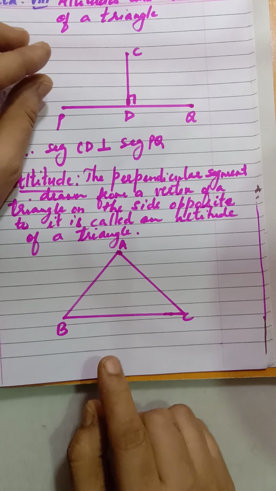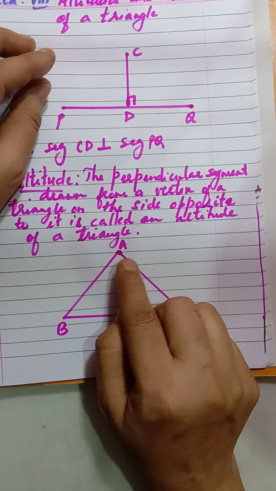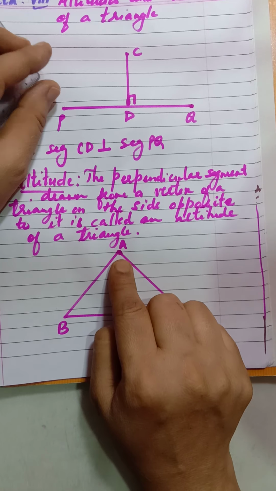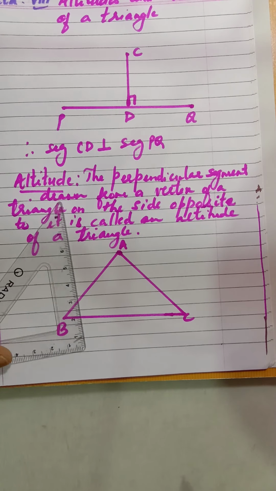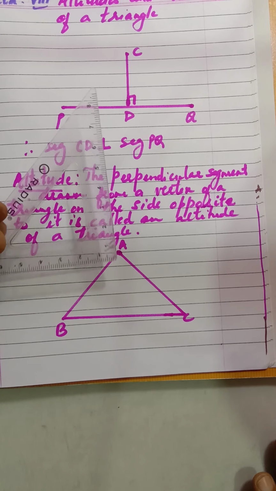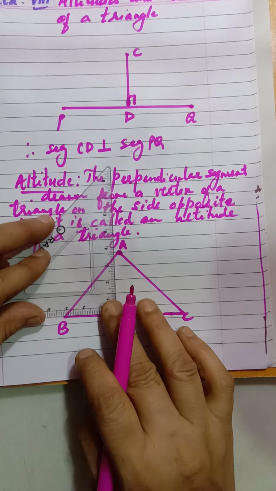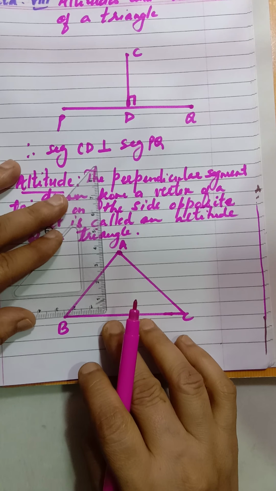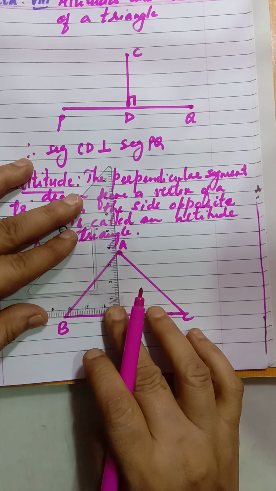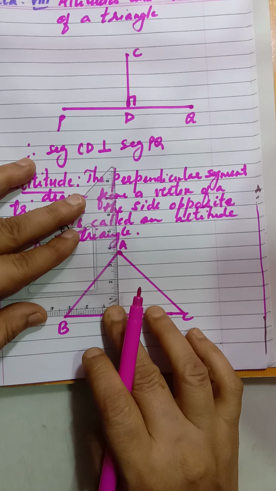Clear? Now suppose we take this vertex A and we are drawing a perpendicular, and as I told, we'll use a set square to draw the perpendicular. Now we have to adjust the set square, right? So we have adjusted the set square. Now you are drawing a perpendicular, and say for example this is your perpendicular.